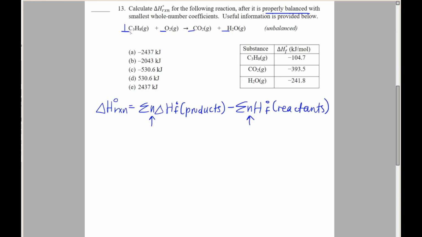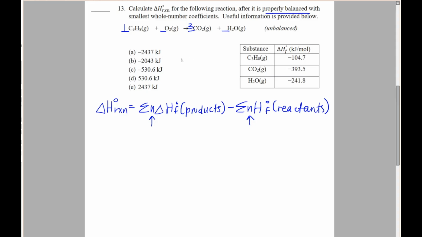And since we have 1 times 3, or 3 carbons on this side, we need to make sure that the carbon dioxide on the other side also has 3 carbons. And that's easy since we only have 1 carbon per molecule of carbon dioxide. So we can just add a 3 in front of this carbon dioxide.